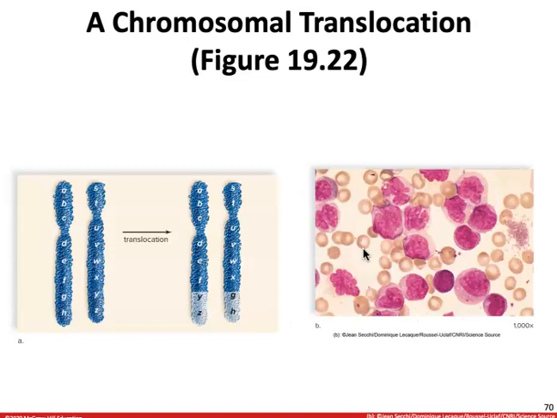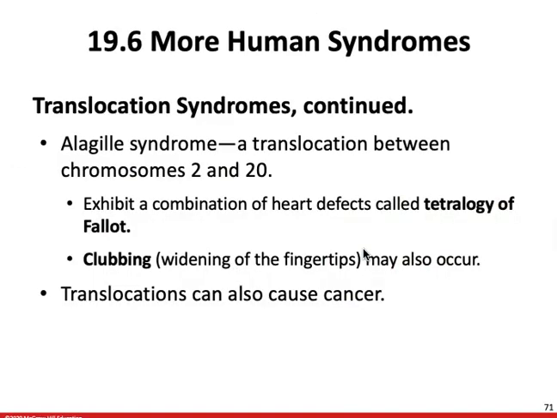An example of this would be Largall syndrome. This is a translocation between chromosomes 2 and 20. We could see a combination of heart defects called the tetralogy of Fallot. You may also see clubbing of the fingers. Translocations may also result in cancer due to abnormalities as they are being passed down from one generation to the next. So that's just a few.